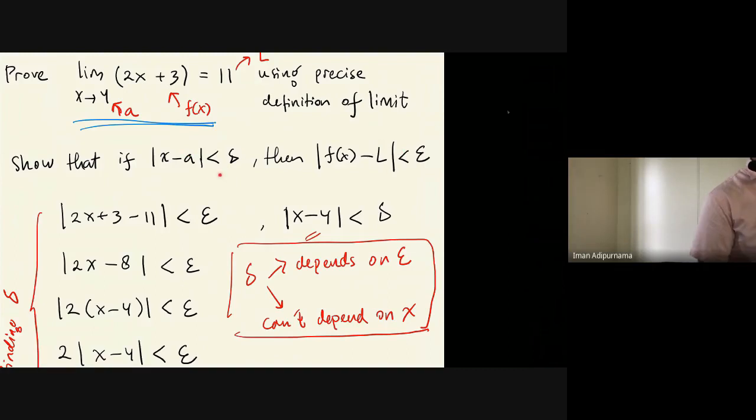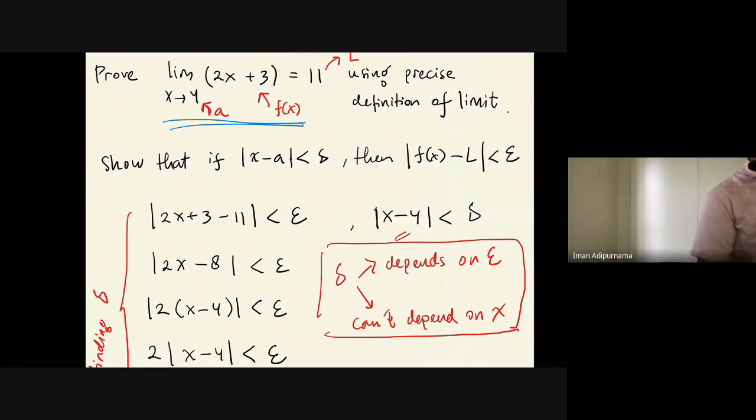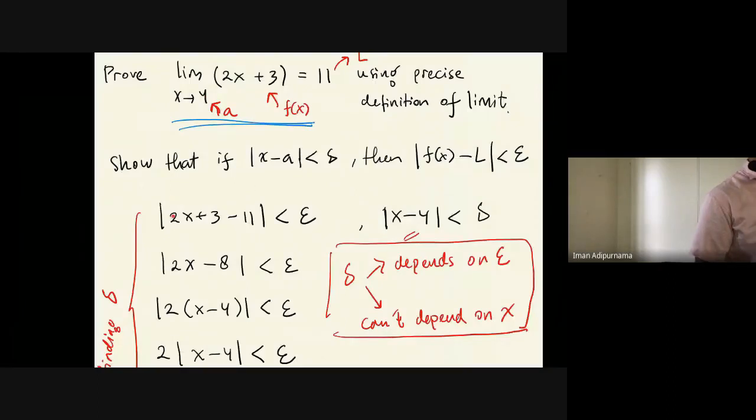When we try our delta, it will be proving the epsilon here. So we are starting from our function. This is f of x, x plus 3. 11 is our L. So f of x minus L here needs to be less than epsilon.